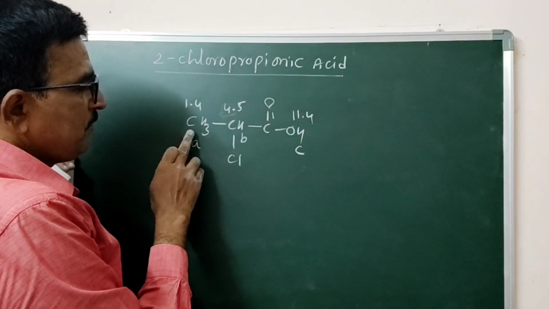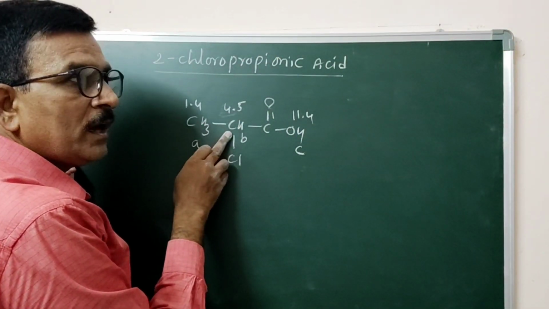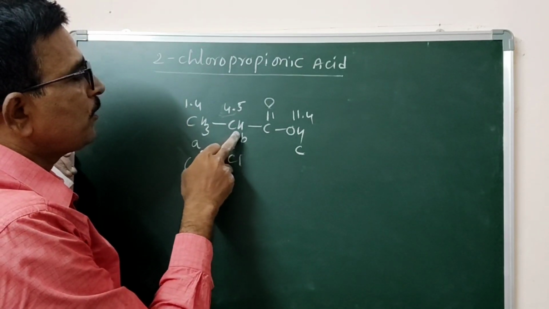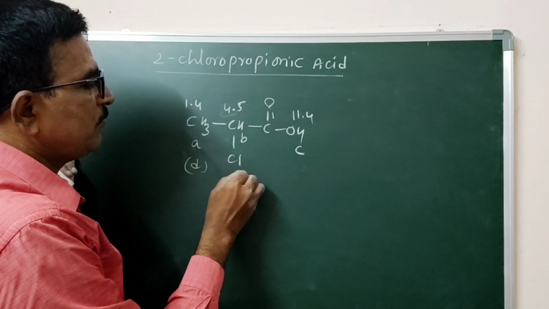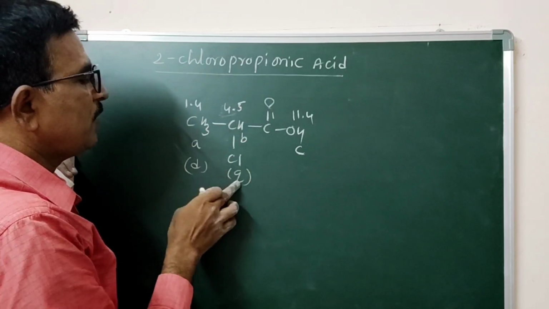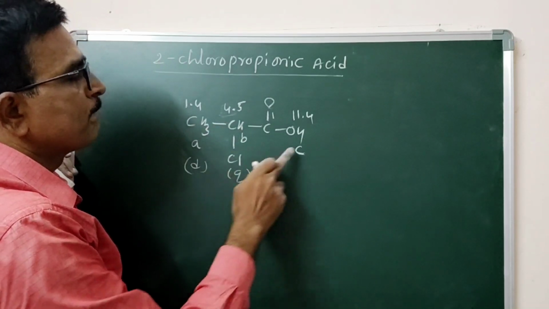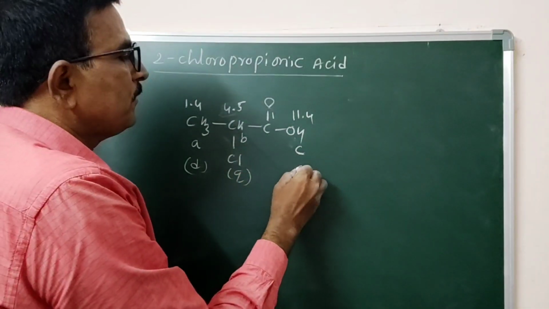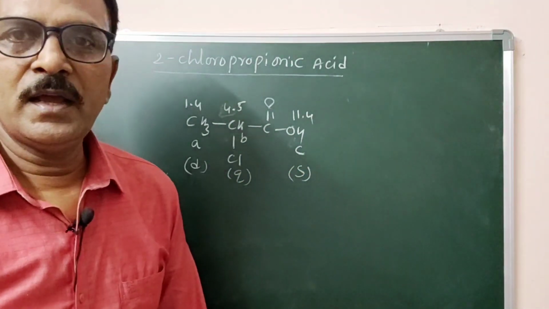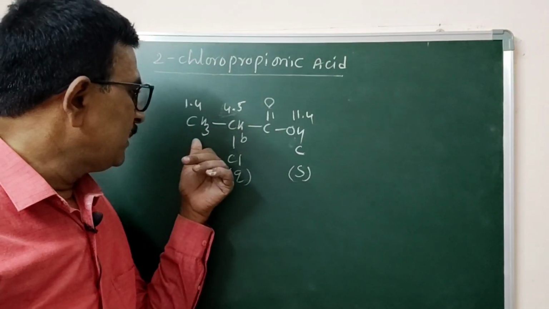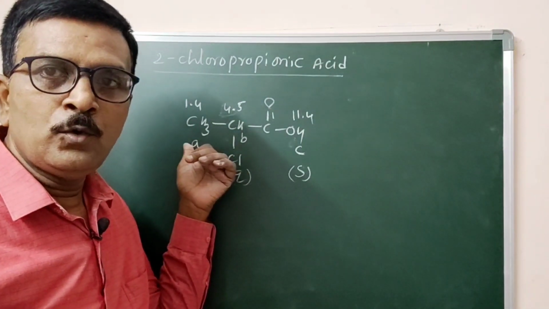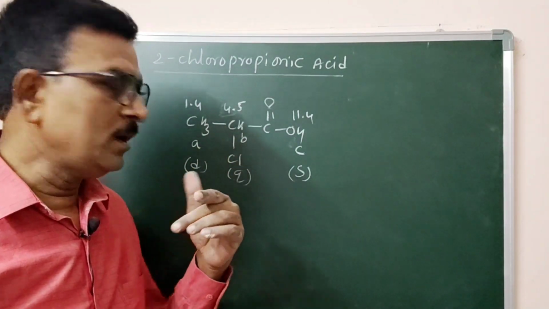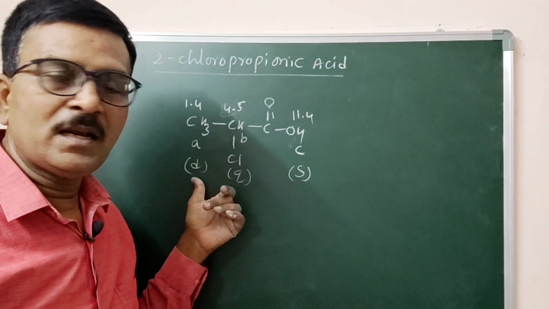Multiplicities. CH3 is coupled with one adjacent proton, therefore a doublet. CH proton is coupled with 3 adjacent protons, therefore a quartet. 1 plus 3, quartet; 1 plus 1, doublet. The OH proton has no adjacent protons, therefore a singlet. Thus the A set, the CH3 group, is coupled with its adjacent CH proton, there is only one proton, therefore a doublet for CH3.